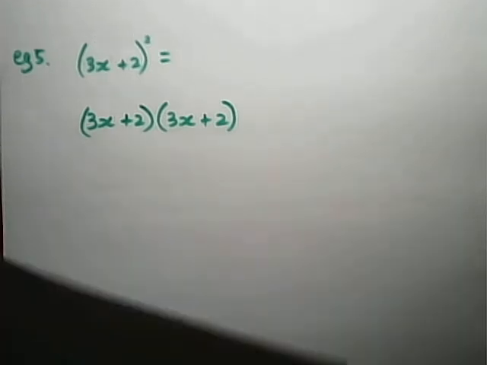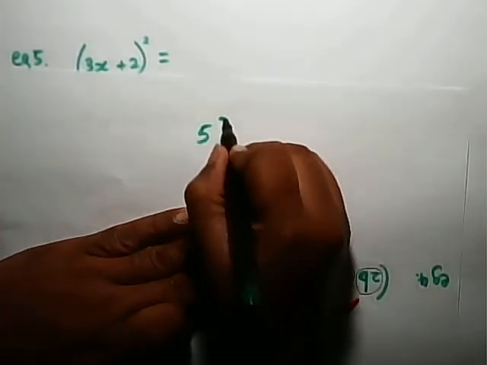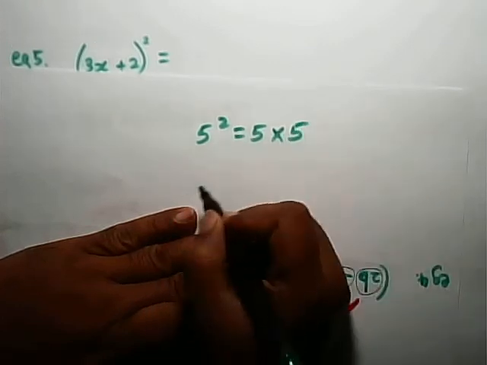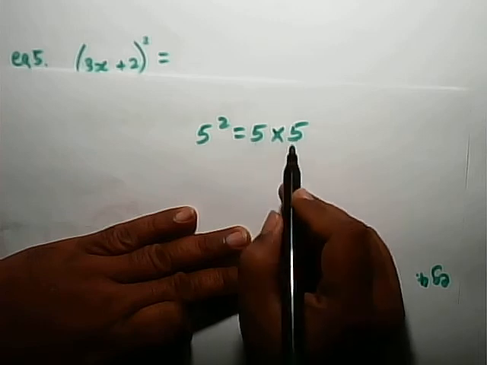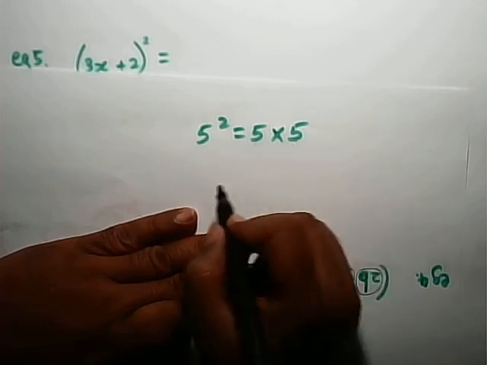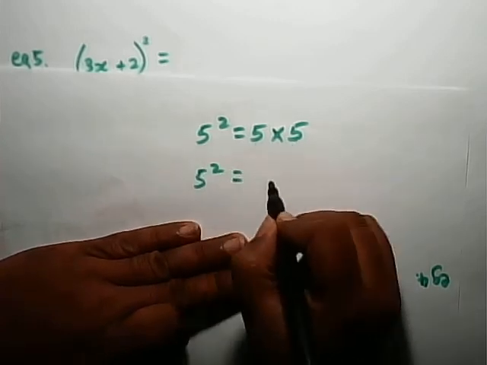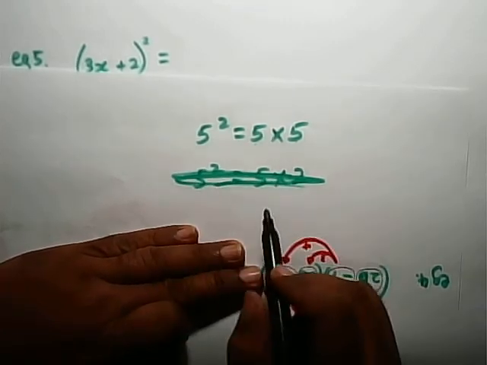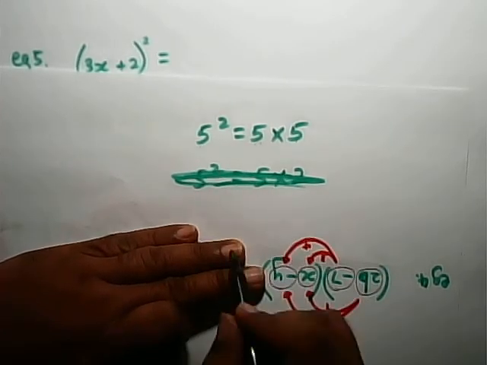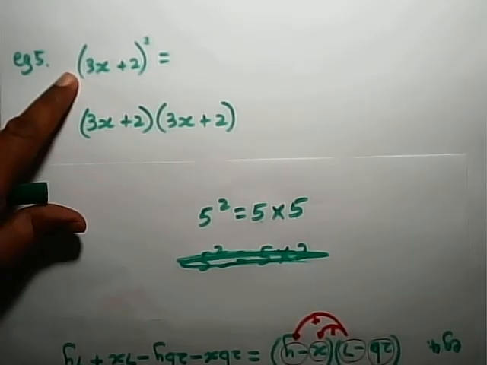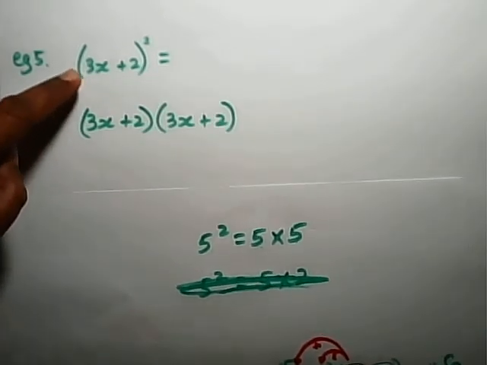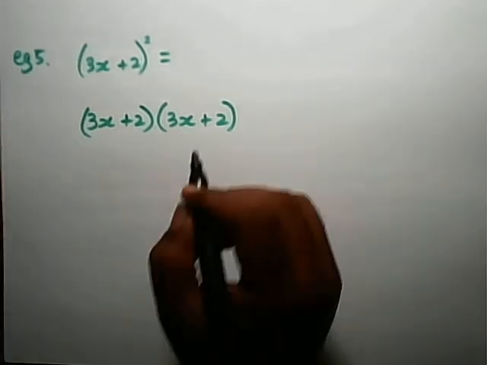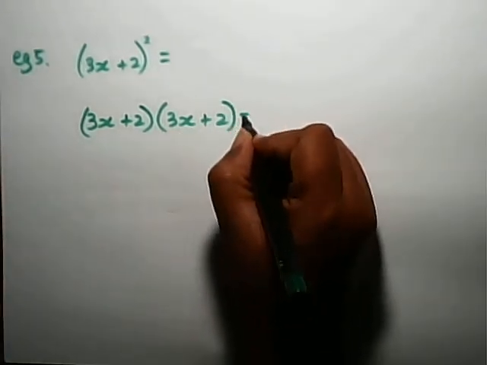For example, 5 squared means 5 times 5. So anything squared means you multiply by itself, not multiply by 2. Don't say 5 squared means 5 times 2. That's wrong. It is 5 times itself. So if you have brackets, it wouldn't be something times 2. It's the brackets times itself. Let's see now what will happen with this.